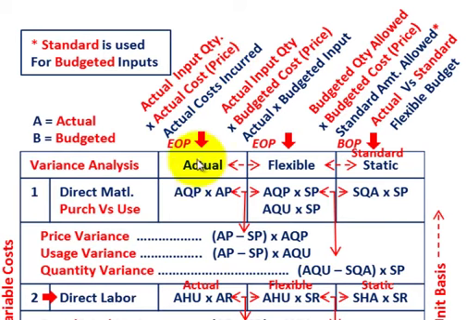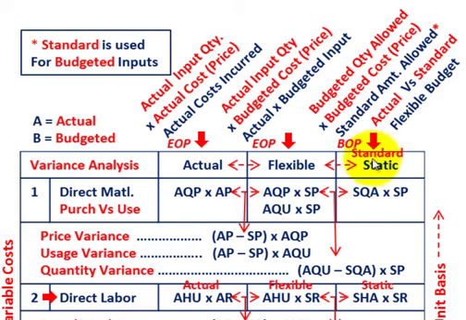Okay, so now we know our actual and our standard or our static amounts. Now we can determine our variances based on the flexible amount that we allow here. And the flexible amount is really taking our actual input quantities that we had for the period. Again, this is determined at the end of the period. So we take our actual input quantities, in this case for the labor, times the budgeted cost or price.